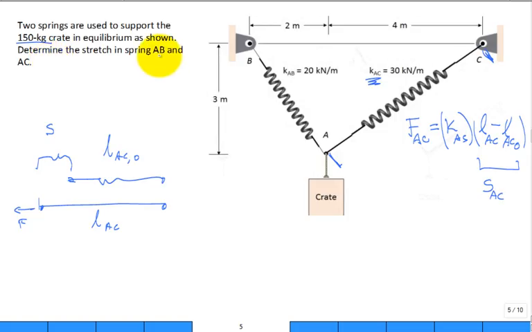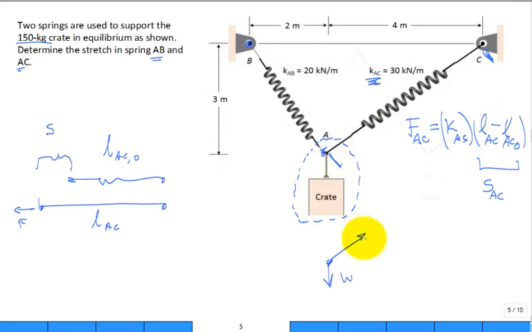Determine the stretch in the spring A to B and A to C. So here is the A to B spring and the A to C spring. What do you think we're going to do? You can do this, you can do this. There's a trick here. What did I just do? I got a free body diagram of something that's pretty large, but I'm going to collapse it to a point. And it'll be simply the weight down of the crate.